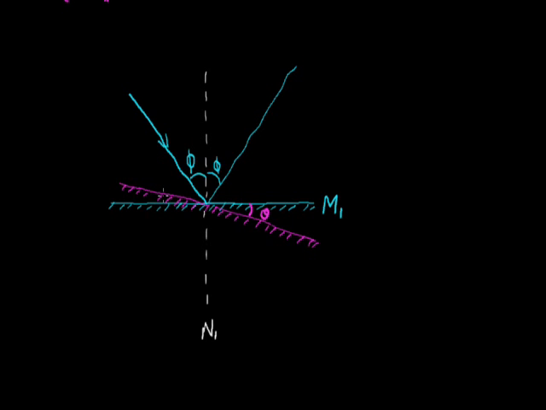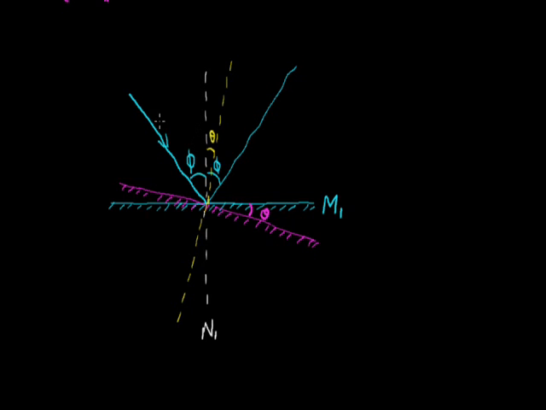Now, if the plane mirror is turned by angle theta, then the normal will also be turned by the angle theta. So when we draw a normal on this new position of the plane mirror, it will be something like this, and it will be at an angle theta from the initial normal.